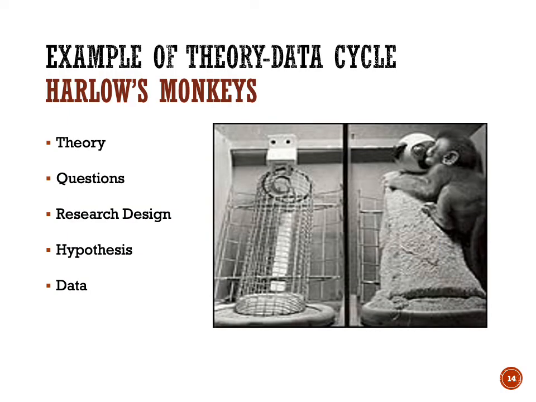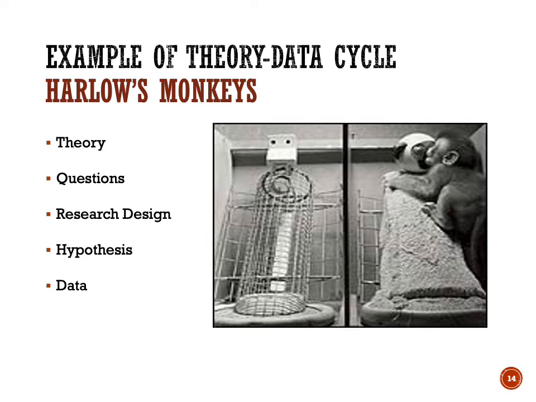So now I want to help illustrate the theory data cycle. This example comes from developmental psychology with Harry Harlow. He wanted to demonstrate that infants form attachments with their caregivers because of the security and comfort they experience, and not because their caregiver is merely their source of food or nourishment. That was in opposition to evolutionary theory, which was prevailing at the time.